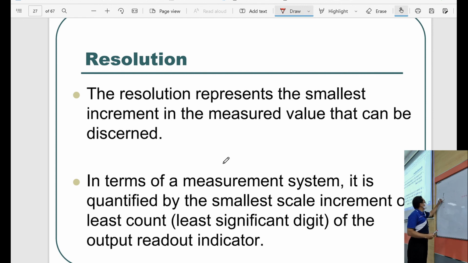This is the resolution of your system, the smallest scale in your measurement.